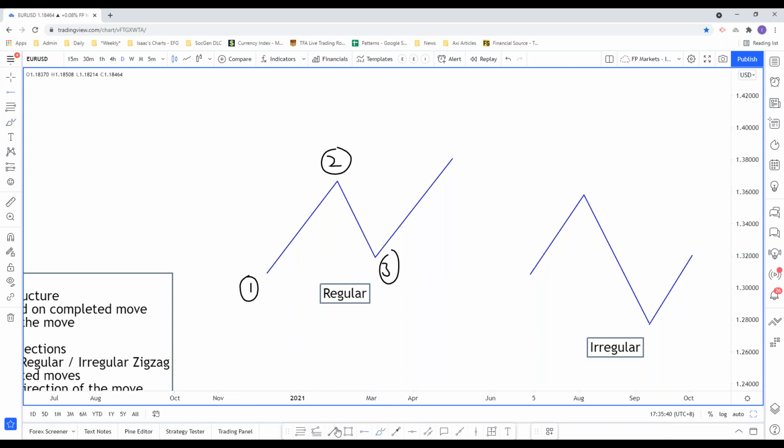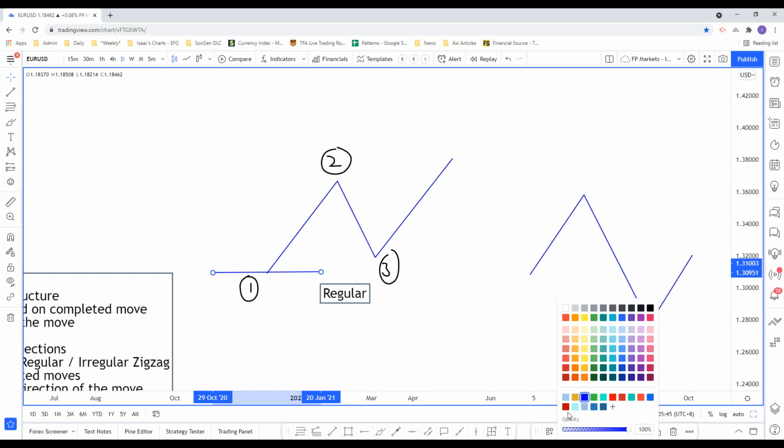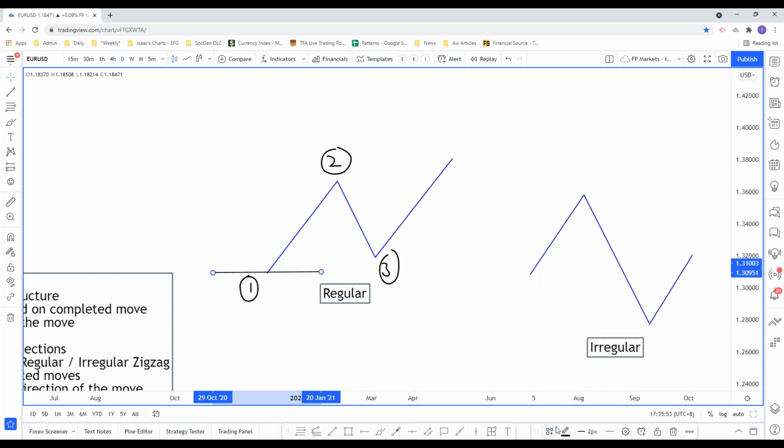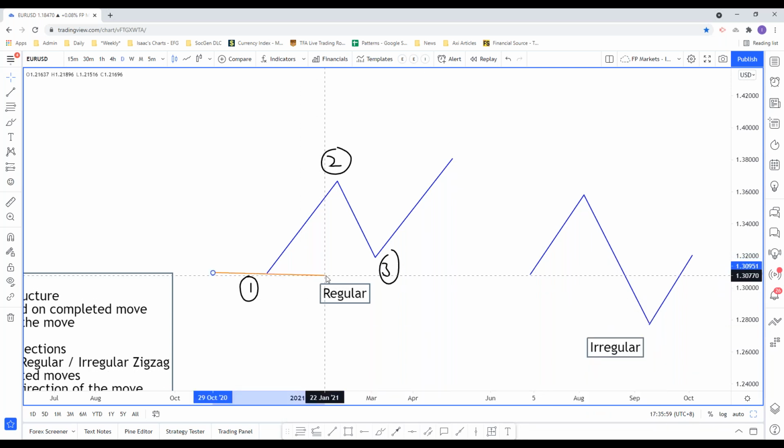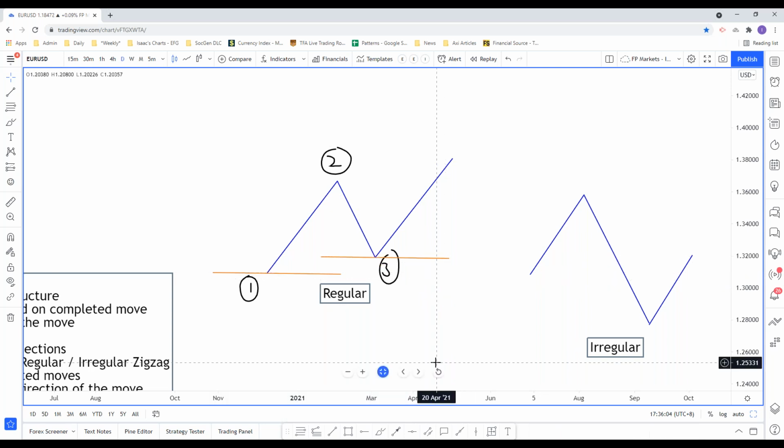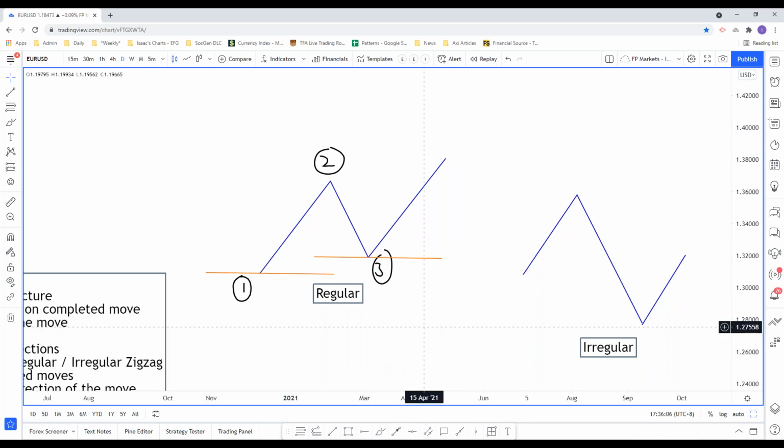You can see very clearly. Let me just change the color for you guys. Where's my brown? Never mind. Purple is a bit hard to see. Let's use orange. You can see that point 1 is here and point 3 is higher. So that's a regular zigzag.